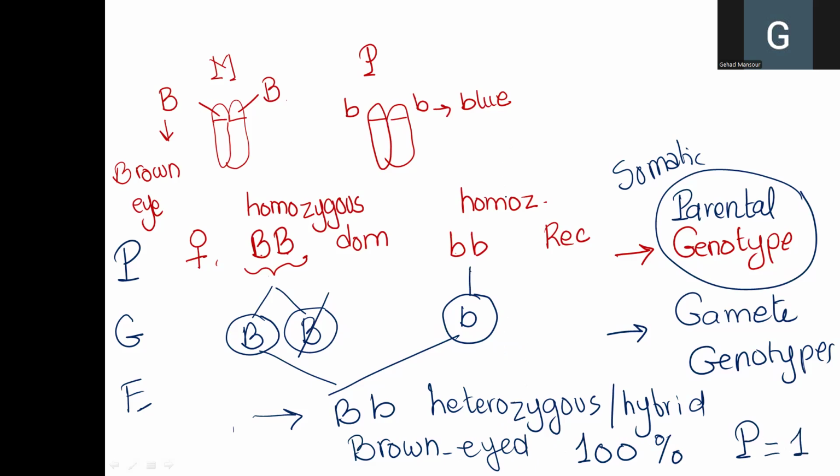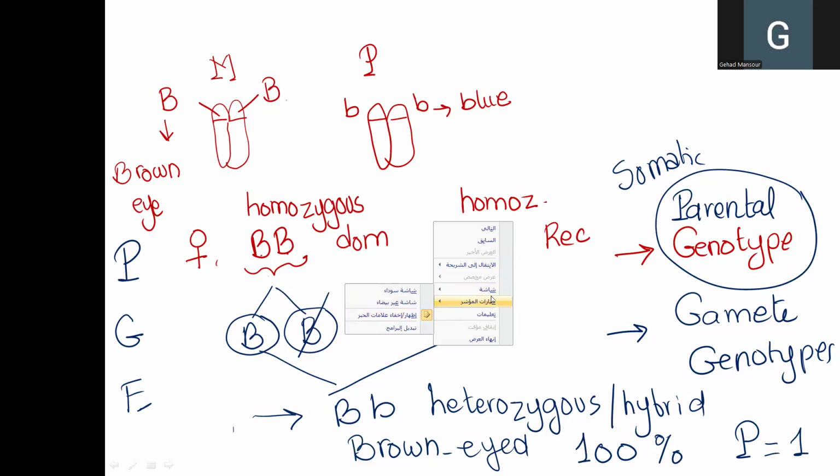But if we come to the determination of sex in the offspring, we know that human beings have 46 chromosomes in their somatic cells, meaning that we have 23 pairs of chromosomes.